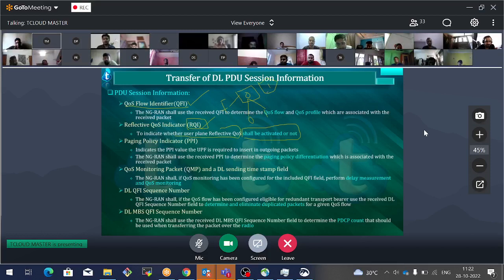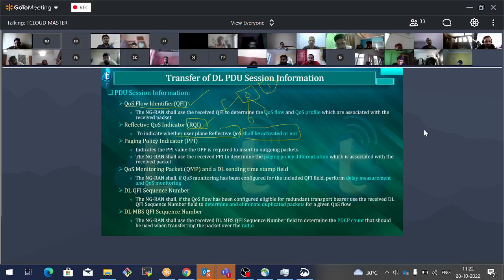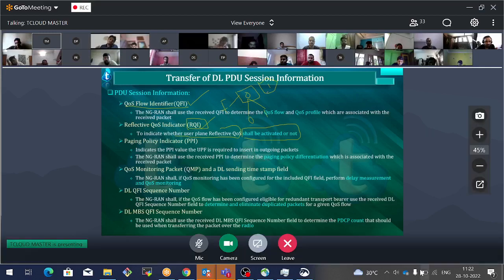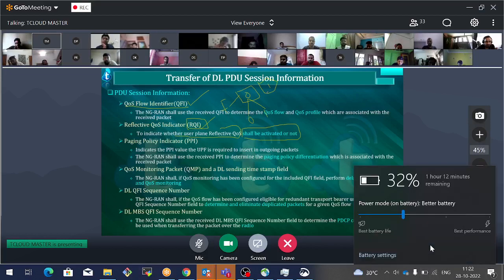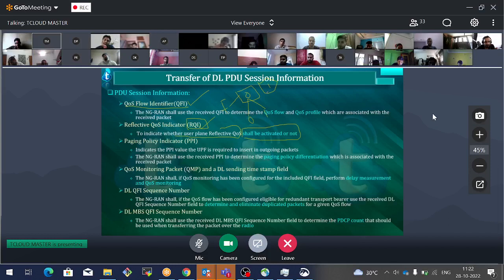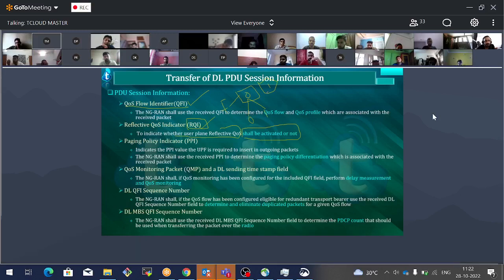But who decides whether the reflective quality of service is going to be enabled or not is the UPF. UPF will get that instruction from SMF. SMF tells it that we want to enable reflective quality of service in uplink, but I don't want to generate a NAS message and send it to the mobile. We have decided to reduce the NAS signaling as much as we can. So I am telling you that we need to enable this reflective quality of service. Can you please send it to the mobile?